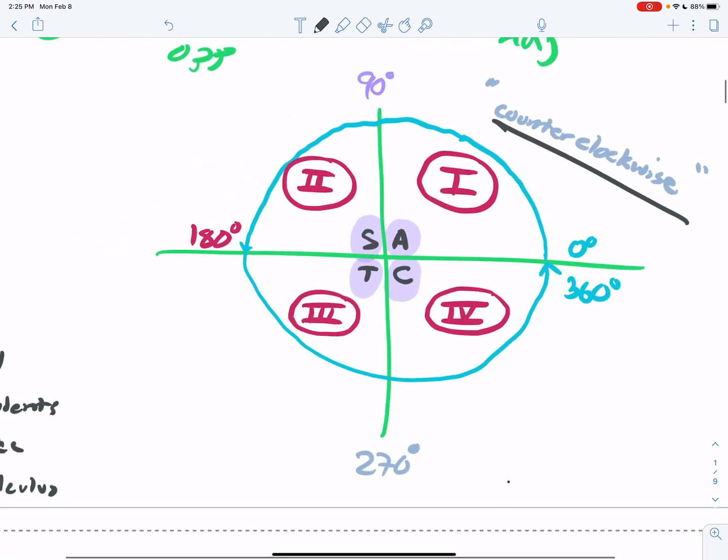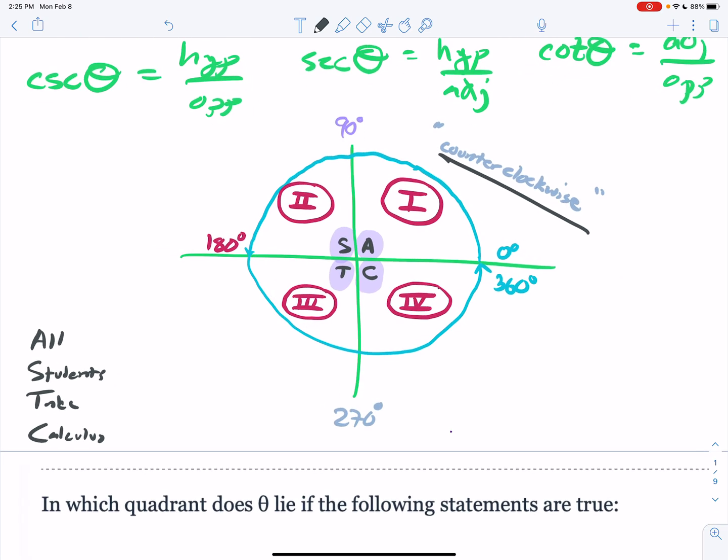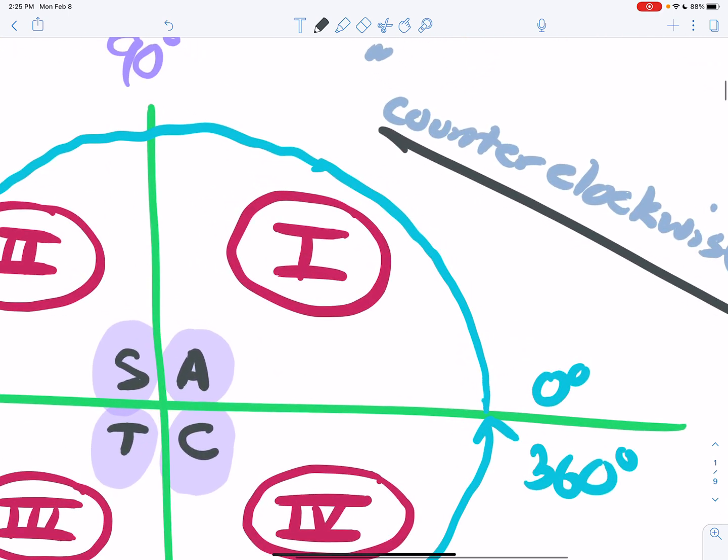All right, so what this is saying is, depending on which quadrant you're in, it's going to tell you what's going to come out positive. Okay? So, suppose you're in quadrant 1. Okay? This is saying that all trig functions will come out positive.